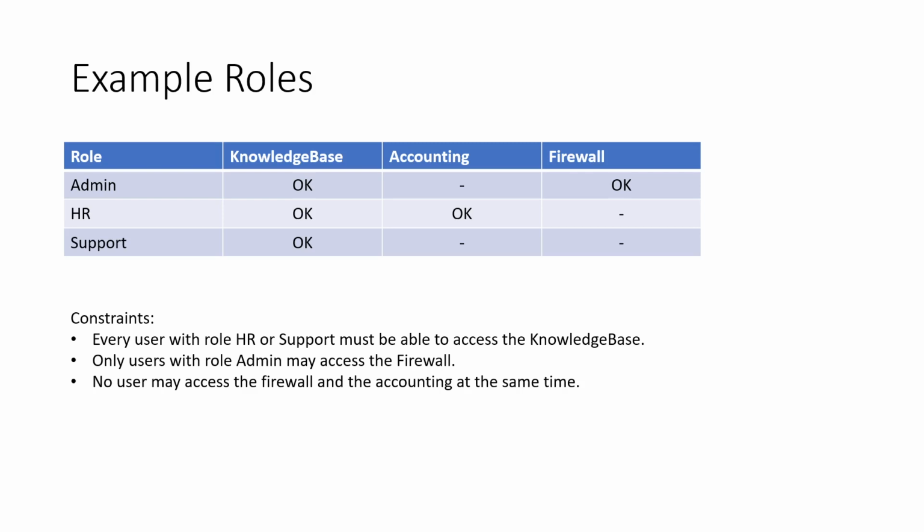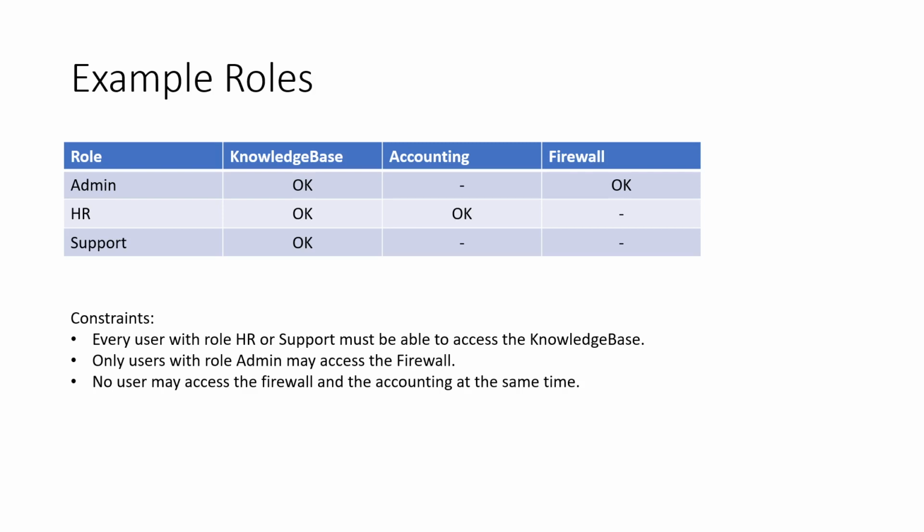What would we name the variable for this cell? This cell is uniquely identified by admin and knowledge base, right? So if we want one variable for this one, we could call this variable admin knowledge base, and this variable admin accounting, and this variable admin firewall.